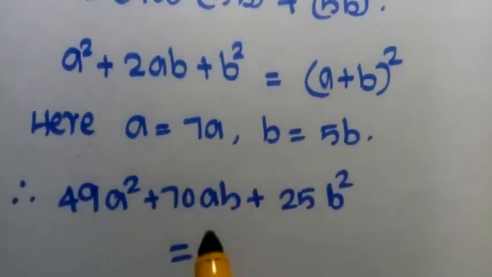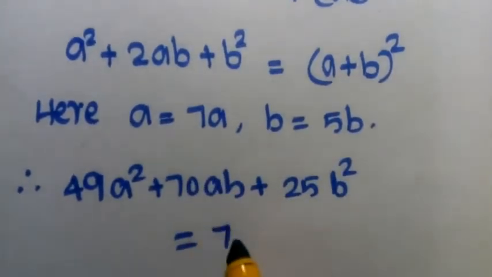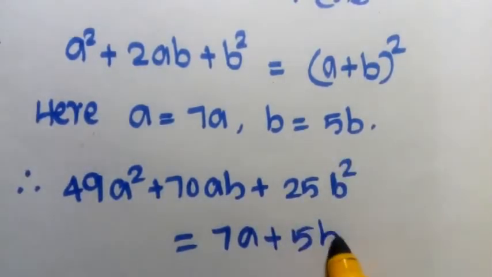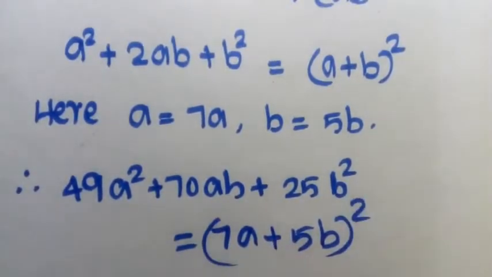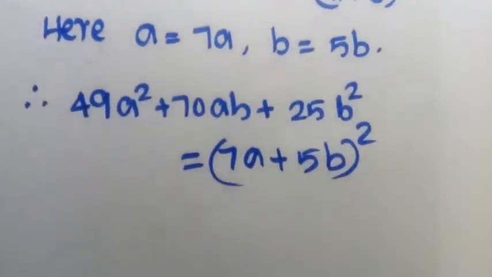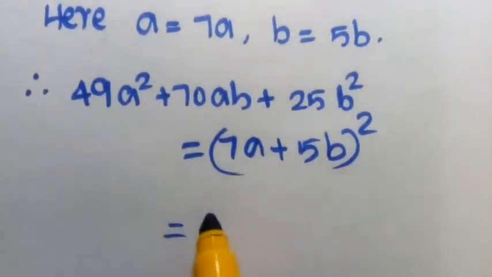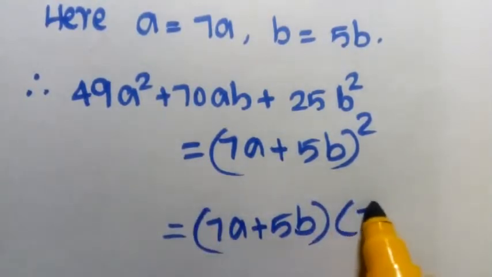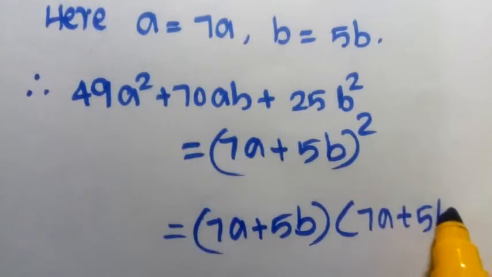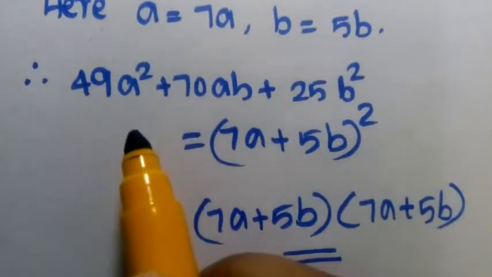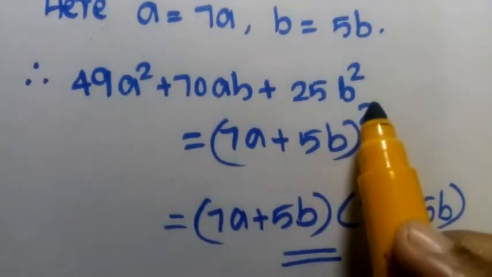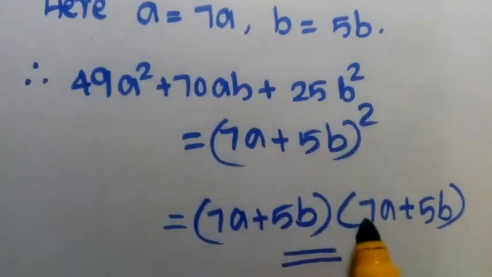A is 7a, so 7a plus 5b whole square. 7a plus 5b the whole square is equal to 7a plus 5b into 7a plus 5b. Therefore, the factors of 49a square plus 70ab plus 25b square are 7a plus 5b and 7a plus 5b.